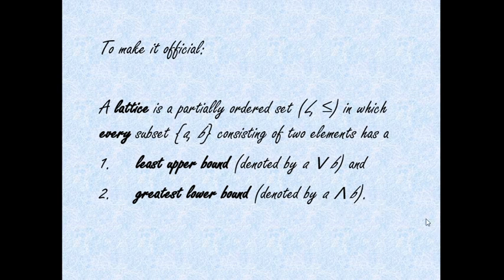That is, every two-element set of the lattice L will have the supremum and the infimum. And just note how the least upper bound or supremum is denoted in symbols. Similarly, note how the greatest lower bound or the infimum is denoted. Here, the symbol like this is called the join, and the symbol like this is called the meet.